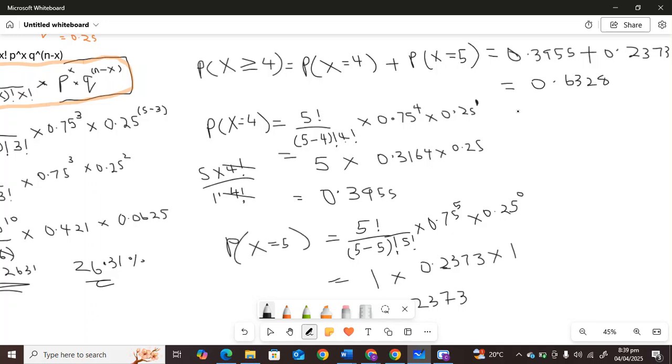Okay, yes, which is the same as 63.28%. So that's the probability that at least 4 people get cured.